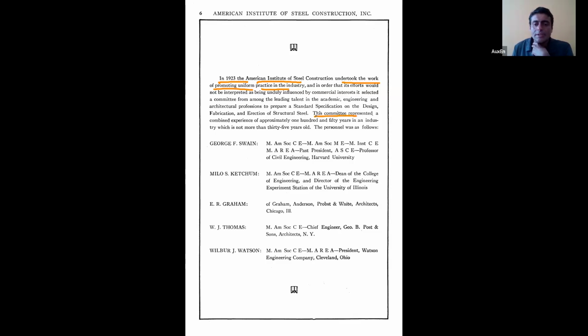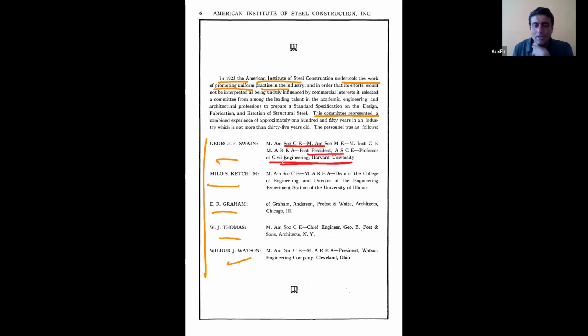Interesting to note is that in the first committee, there were one, two, three, four, five members who were part of this committee, which brought out the first specification in the year 1923. Interesting to note that two people are civil engineers. They are faculty members, it looks like.